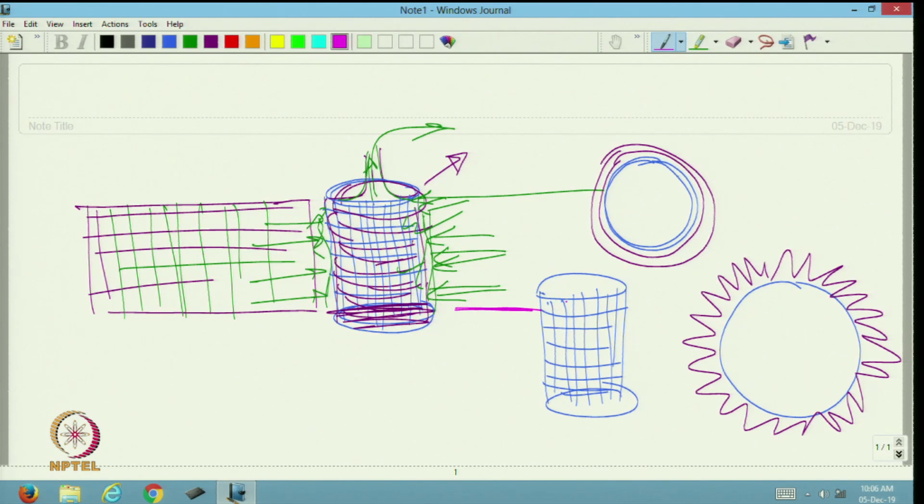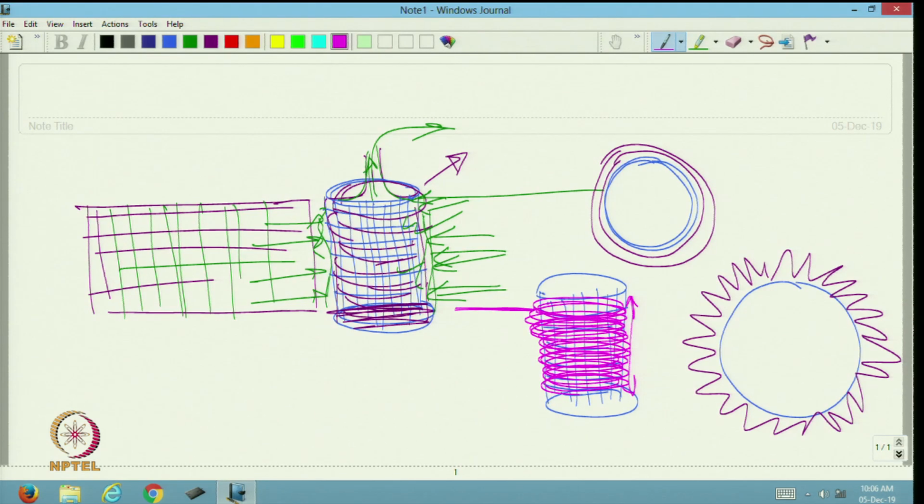Typically, we can use a coarse sheath type of yarn, and when we wrap, we must ensure a proper traverse speed so that there is no gap.